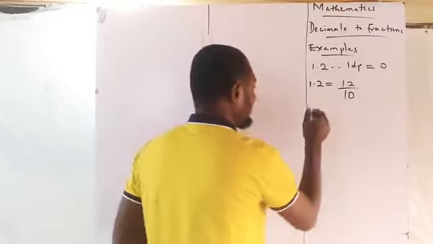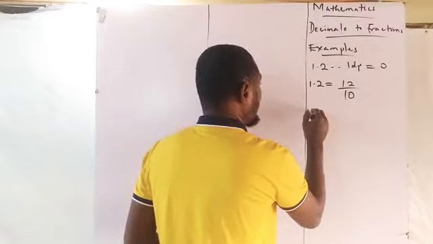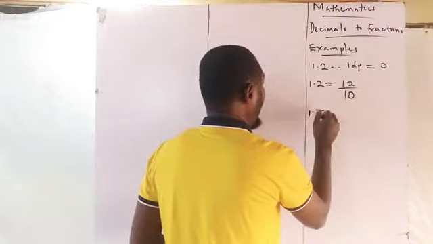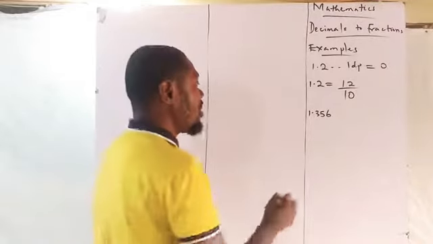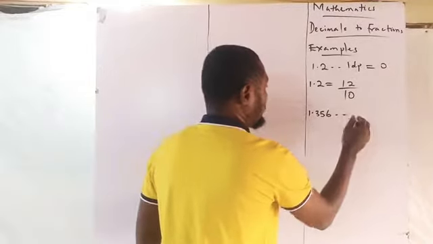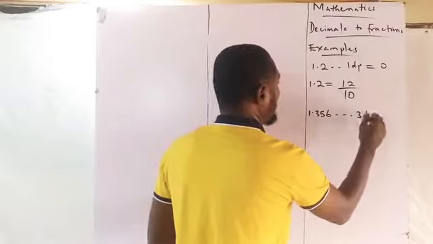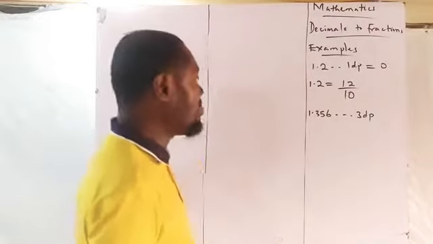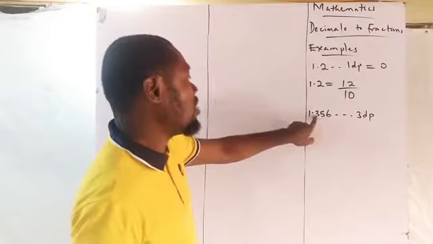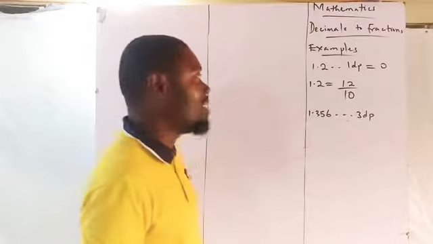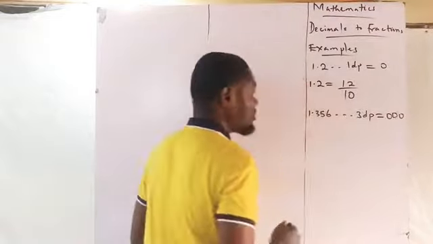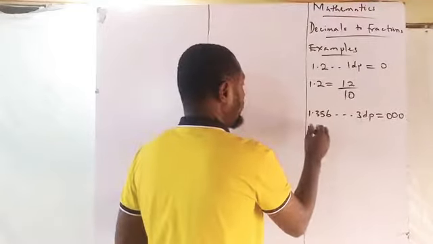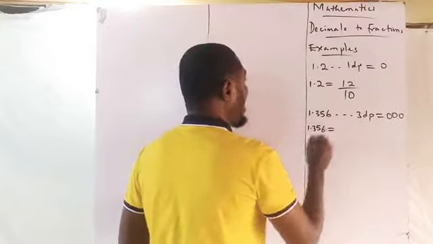Look at this: 1.356. This number is a 3 decimal place number because there are 3 numbers after the point. And 3 decimal places I will equate to 3 zeros. So I want to change 1.356 to a fraction.